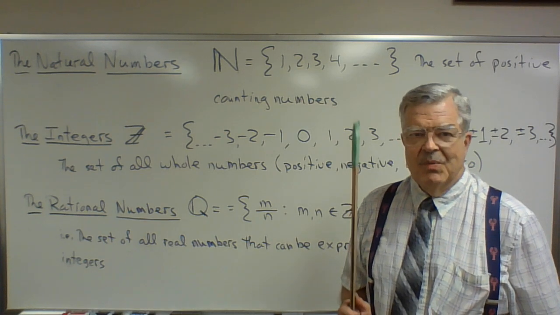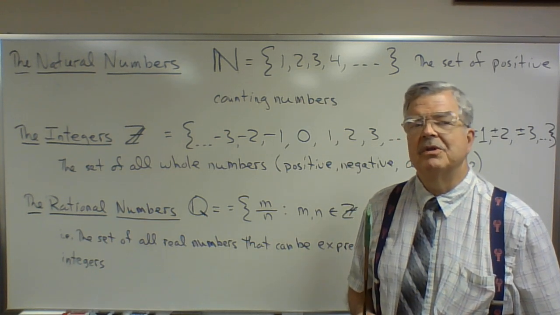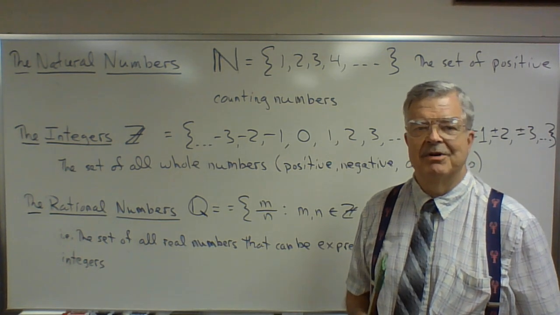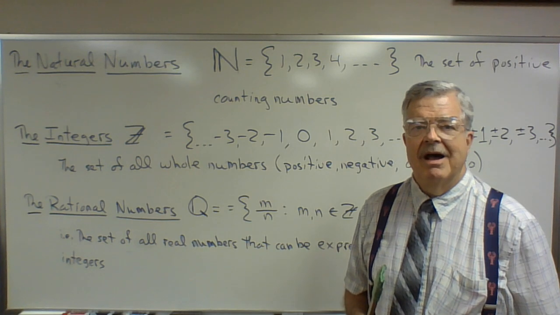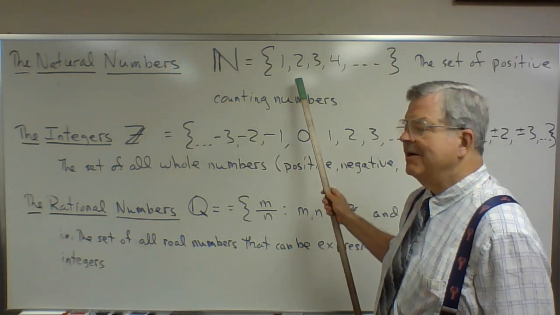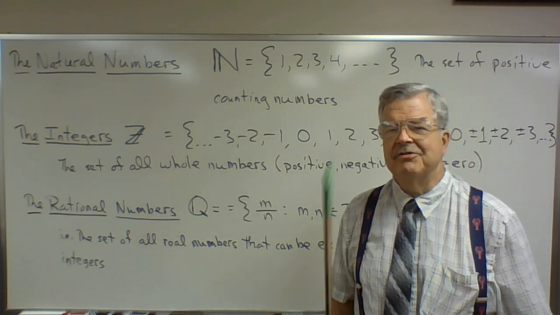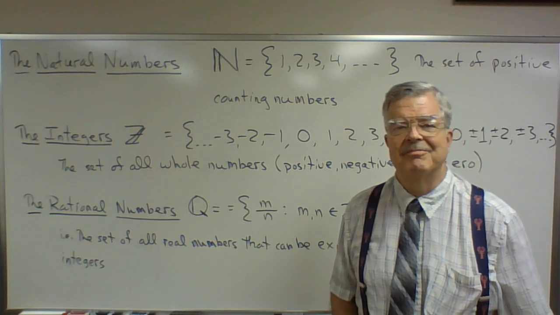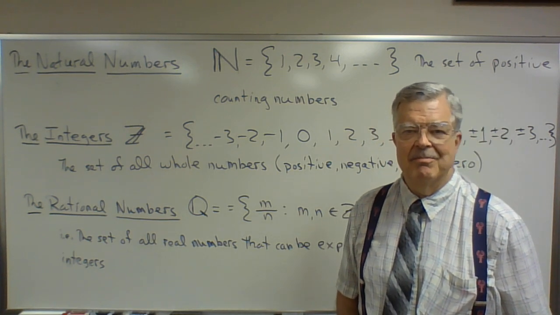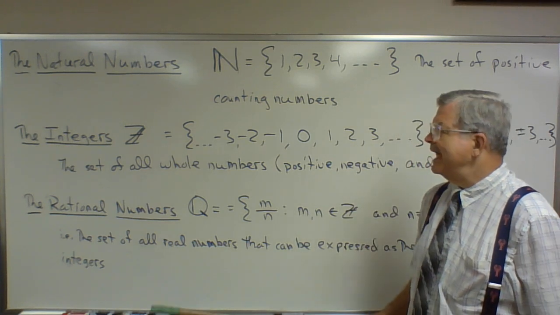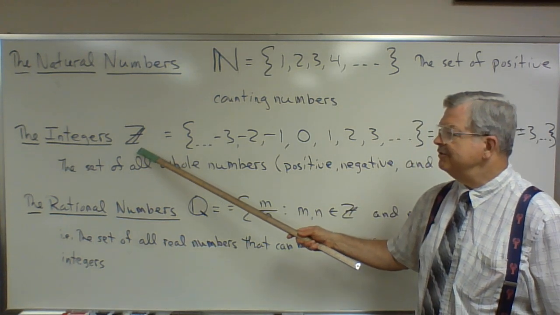But when it suits our purpose, we will allow 0 to be a member of the natural number club. So unless otherwise specified, it's the positive counting numbers. But if it suits our purpose, we will give 0 the privilege of being a member of the natural number club.